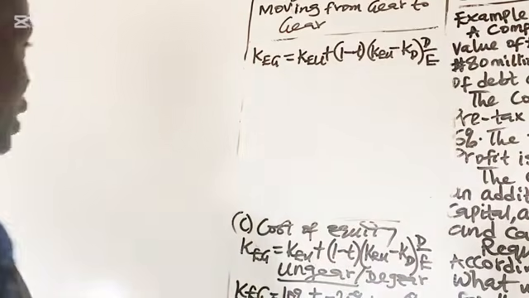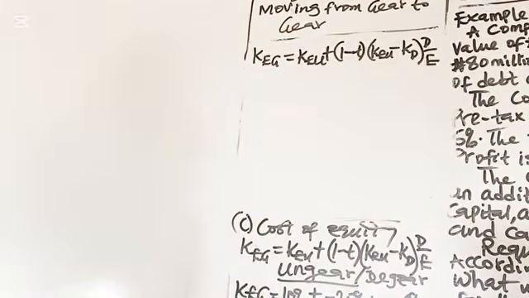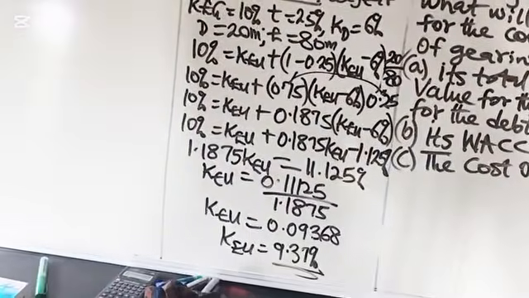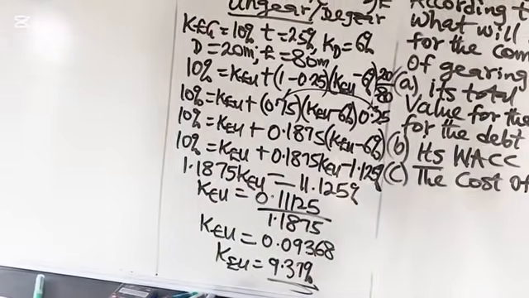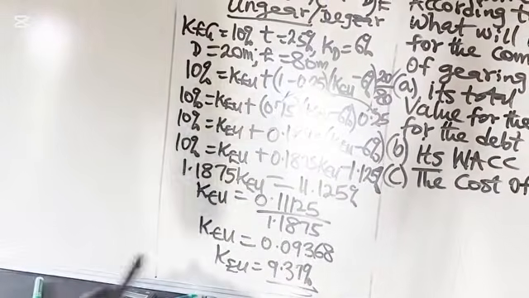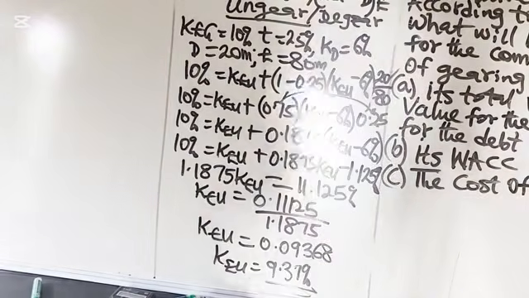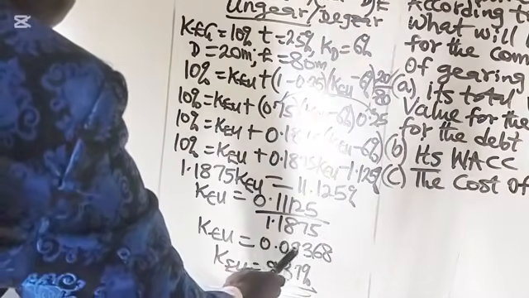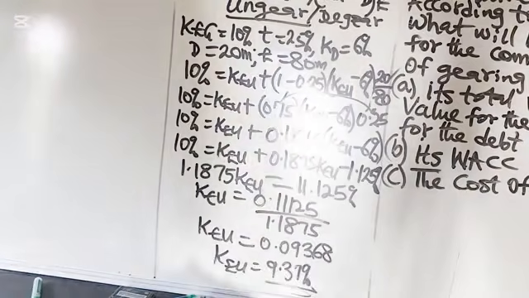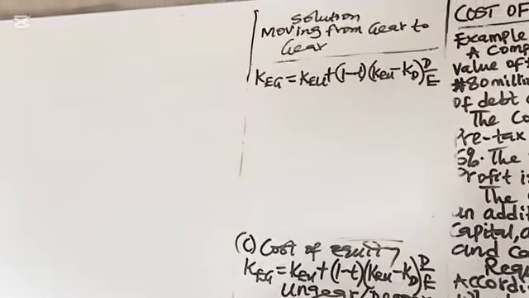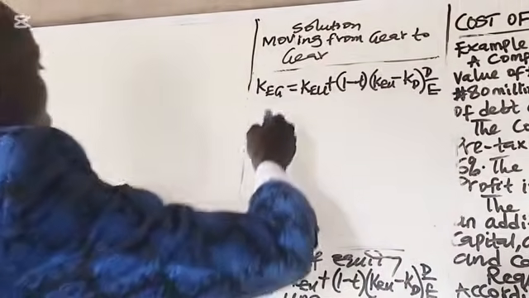Now, we've gotten our Q, that is cost of equity of an ungeared company. We got 9.37%, or you may use 0.09368. Let me use 0.09368.